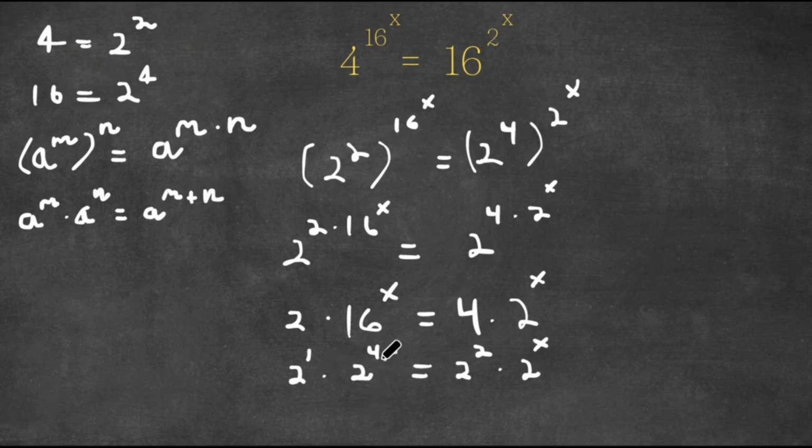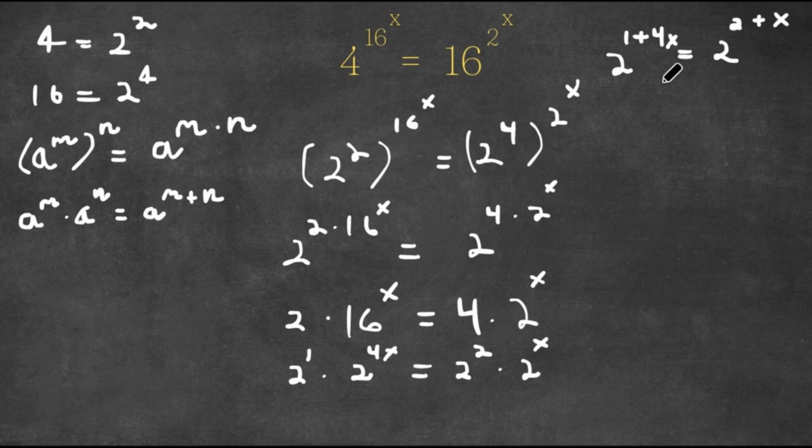So 2 to the power of 1 times 2 to the power of 4x is going to equal 2 to the power of 1 plus 4x. And now this is equal to, on our right-hand side, 2 to the power of 2 times 2 to the power of x, which is equal to 2 to the power of 2 plus x.